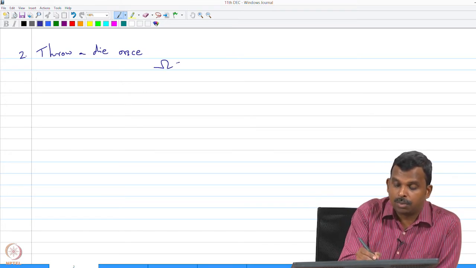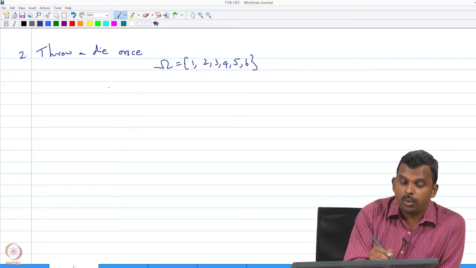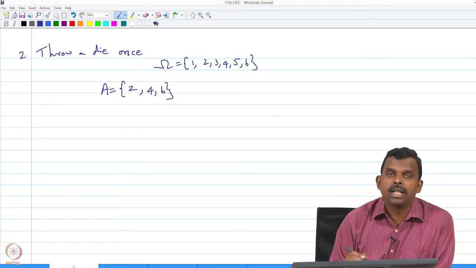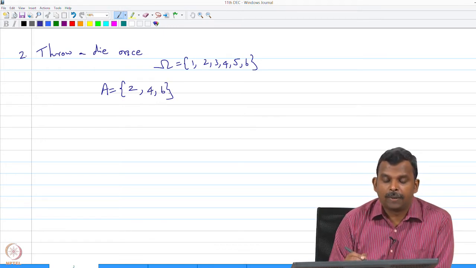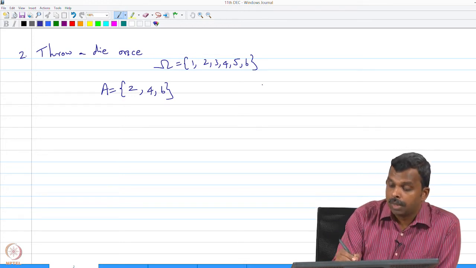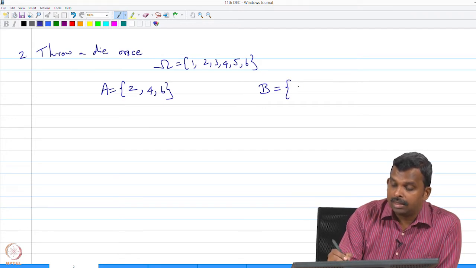You have 6 possibilities, all of them are equally likely. Okay. I am going to define 2 events here. Event A is the event 2, 4, 6. If you want in English, you can think of this event as being the even numbers, right. You get an even number. And then I am going to define another event B, which is let us say 2, 3.